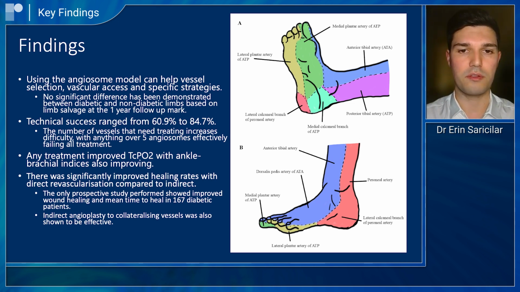Though one of the more important findings was that if direct angiosome targeted angioplasty was not able to be performed, it was as effective to do indirect angioplasty, but via collateralization. And that was shown to be as effective as direct angiosome targeted angioplasty.